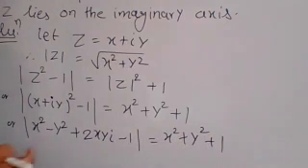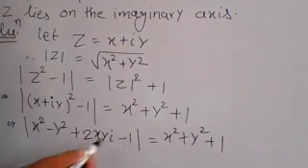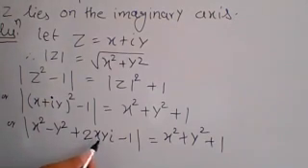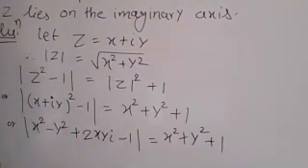Understand? Now here you have a complex number, and this minus 1 is also part of the real part of it. So if you are taking the mod of that complete complex number, what do you write? Under root square of real part plus square of imaginary part, and your imaginary part is here 2xy, and real part is x square minus y square minus 1.